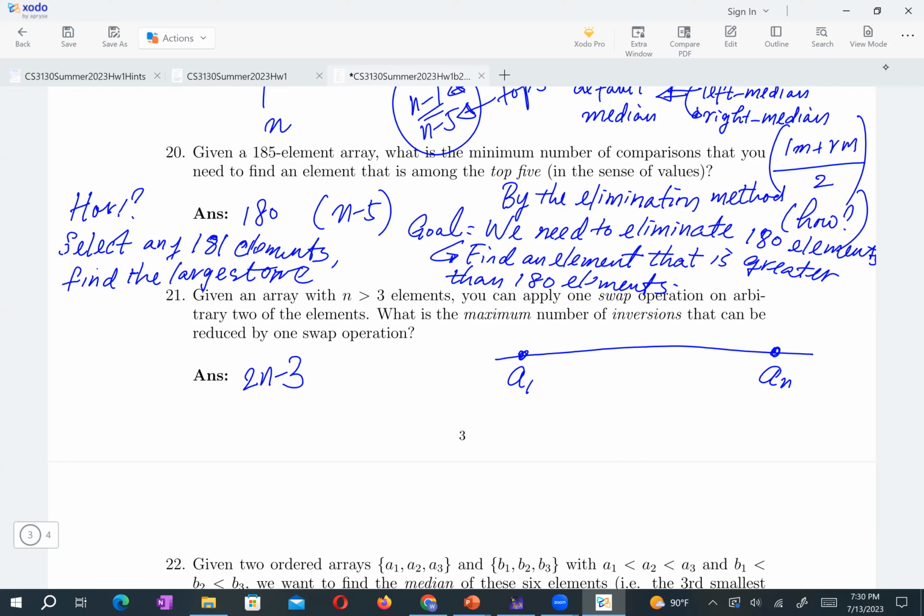So here we assume that. We will swap these two elements to get the maximum number of inversions. So let's assume A2, A3, and all those other elements in the middle, and so on.